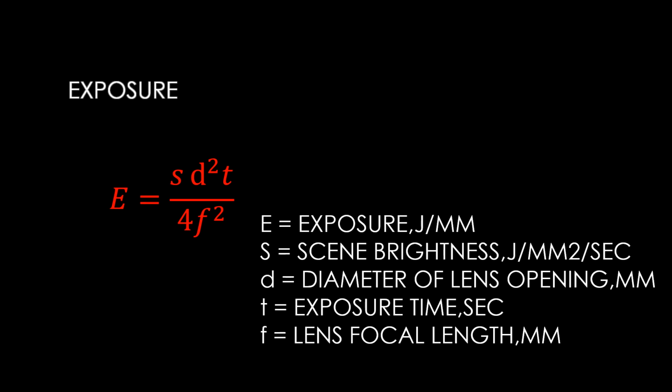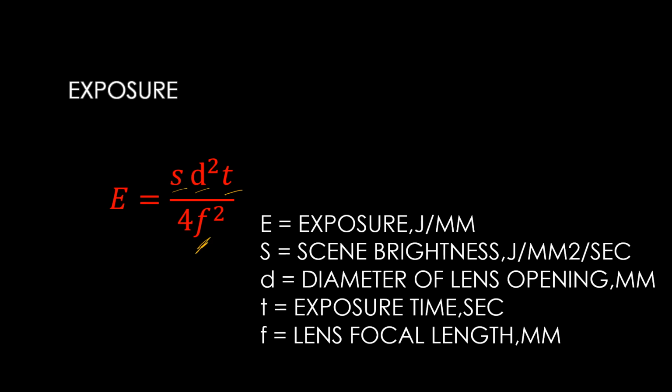E is equal to S times D squared times T divided by 4 f squared. This S is actually the scene brightness in joules per millimeter square per second, D is the diameter of the lens, T is the exposure time, that means how much time the lens was open, and then this is the focal length, f.